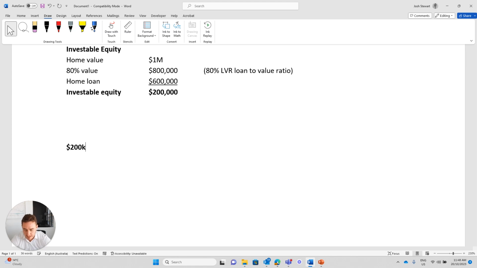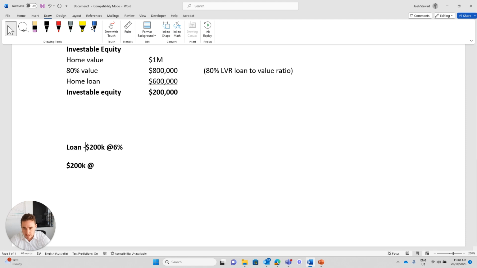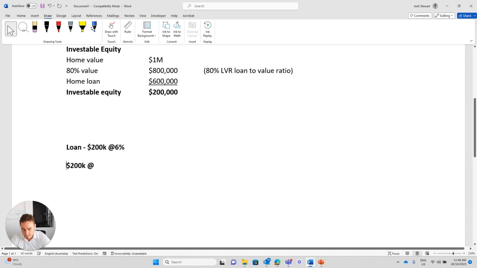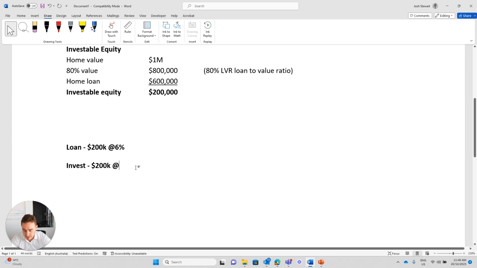So on the 200,000 that we're paying 6% on in the loan, maybe we can invest it and make 10%. Okay, and we potentially pocket the 4% difference.